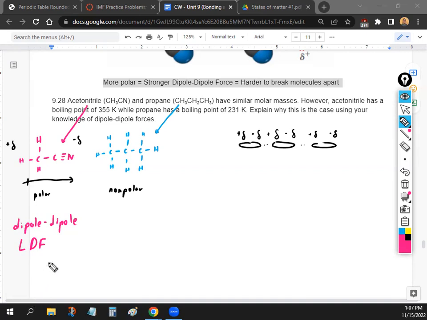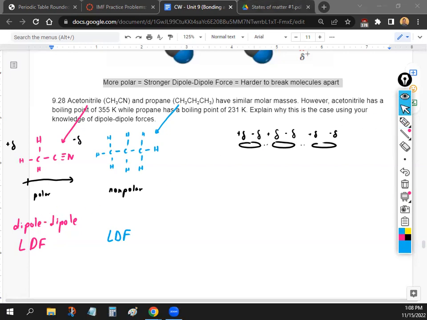It might be very weak, but it has some. On the other hand, propane only has London dispersion forces. So dipole-dipole is actually stronger than London dispersion. So if you have a compound that has dipole-dipole compared to one that just has London dispersion, this one is going to have more IMF with one another.